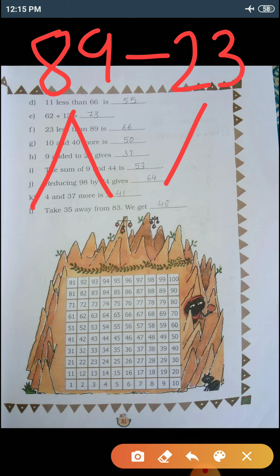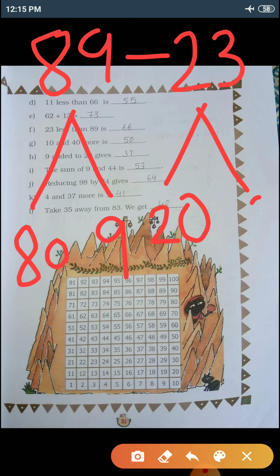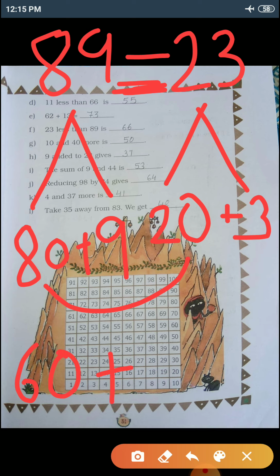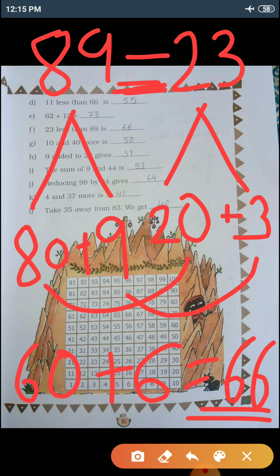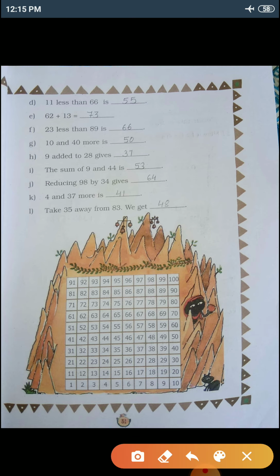So divide these numbers: 89 as 80 and 9, 23 as 20 and 3. Now we are going to subtract the numbers. So 80 minus 20 is 60, plus 9 minus 3, 6, equals 66. The answer is 66. So in Kittu's home, on room number 66, you need to mark.